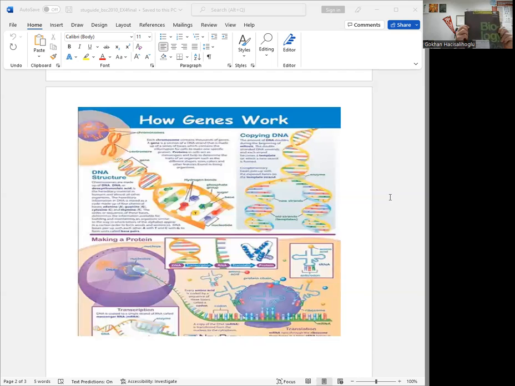Make sure that in our green book, chapter 15, Biology 2E, you know how genes work. Combine it with the other two chapters, Mendelian genetics and chromosomes, and then if you have time, do more review on all these three chapters.